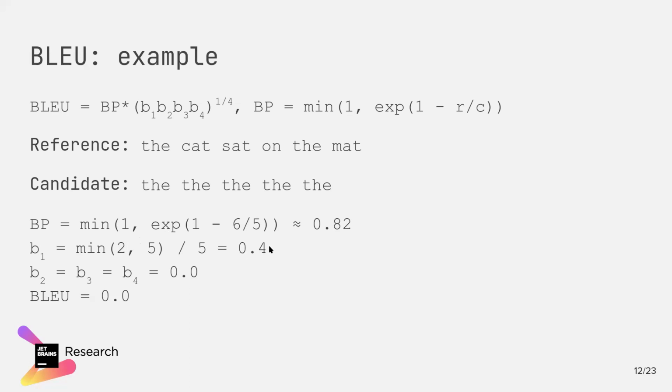This is how we get 0.4. Now the 2-grams, which are basically pairs of adjacent words, 3-grams, which are triples, and 4-grams, which are quadruples. Obviously, there are no 2-grams, 3-grams and 4-grams overlapping between the candidate and the reference. So p2, p3, and p4 are 0. And so the BLEU score for the candidate reference pair is 0.